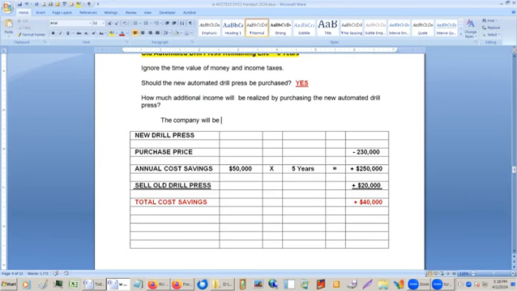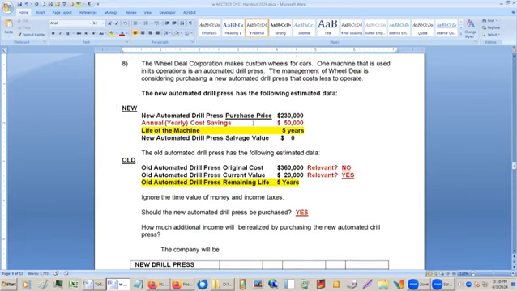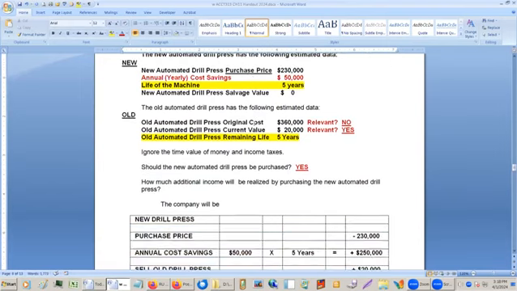The company will be $40,000 better off over the next 5 years. We'll do corporation. Okay.